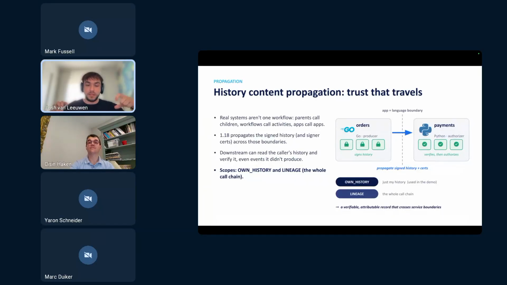Now that we have that history signed, it also means that we can do other things like history context propagation. As you may be familiar with a workflow, for example, where you call a child workflow on another application, you can give it an input, but similarly, you can also give it the history of what's happened.